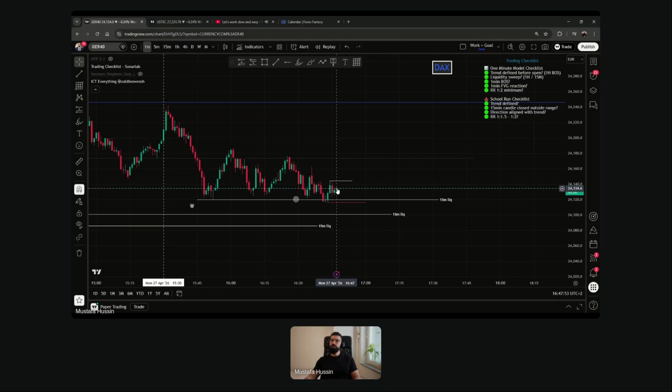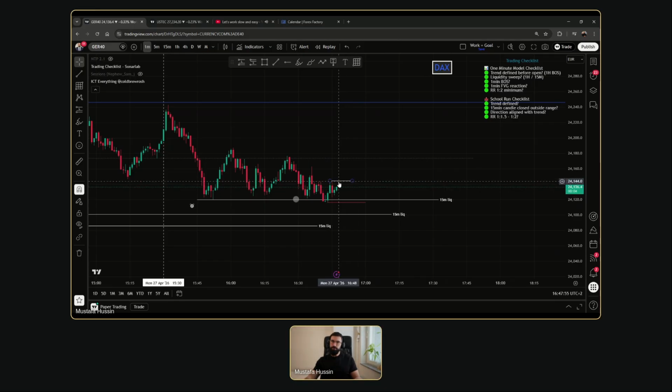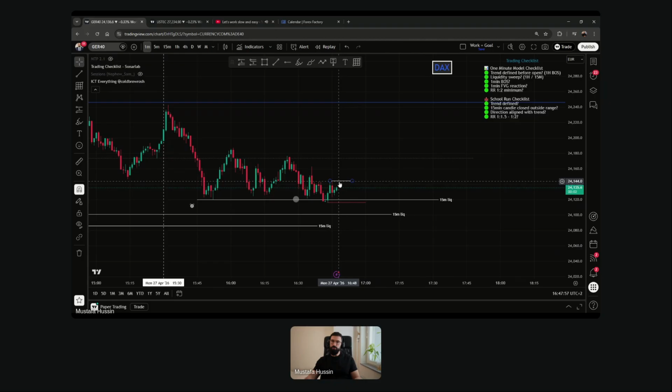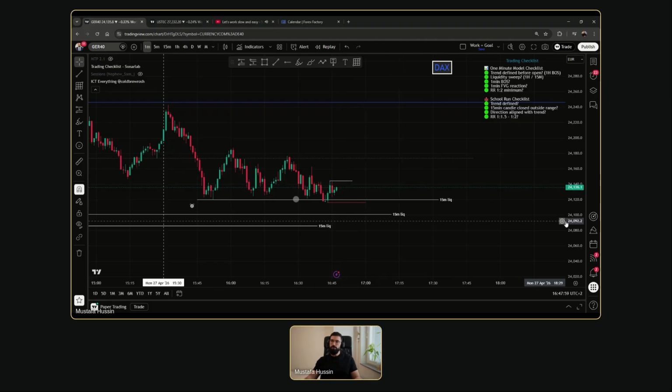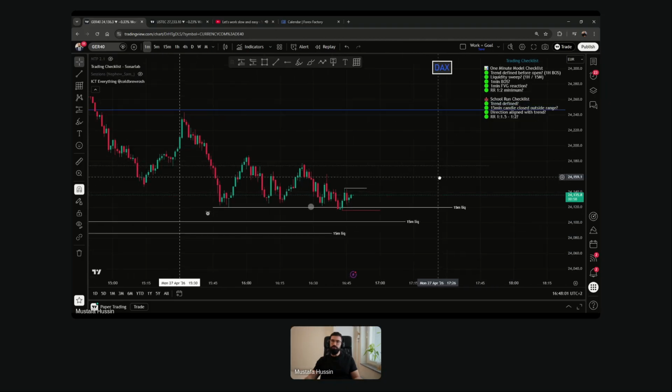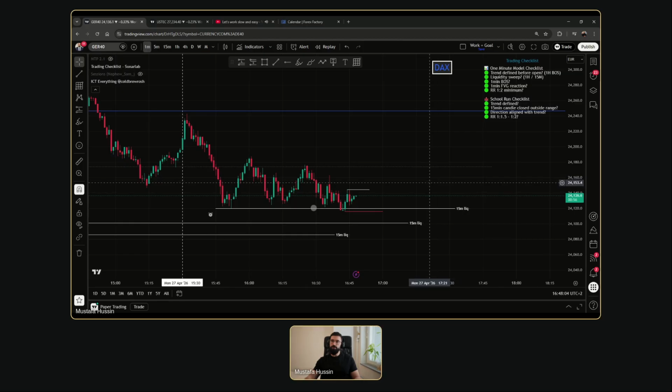If the body of this candle closes over this wick, then we've got a break of structure, but it's far away from it. So we're waiting for the next candle to happen.